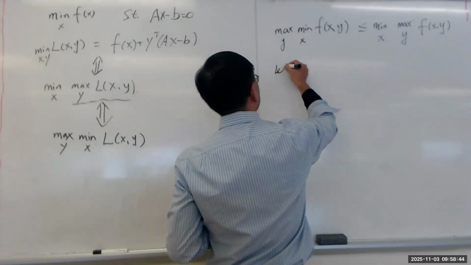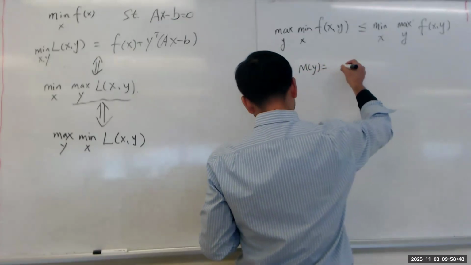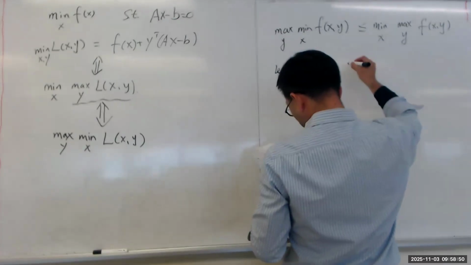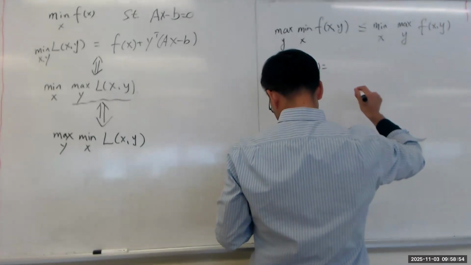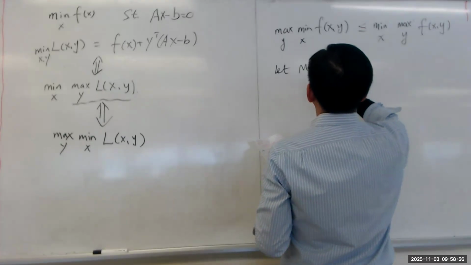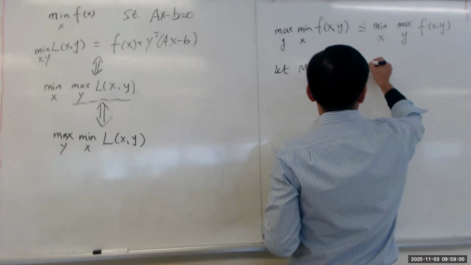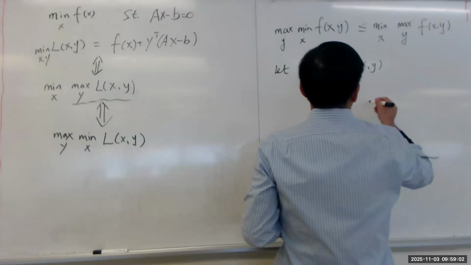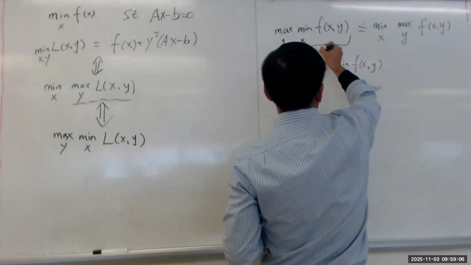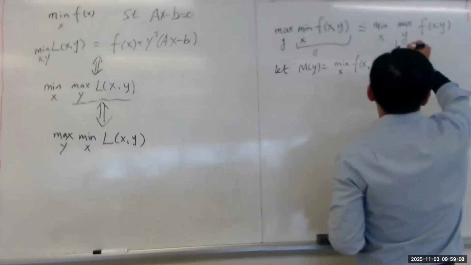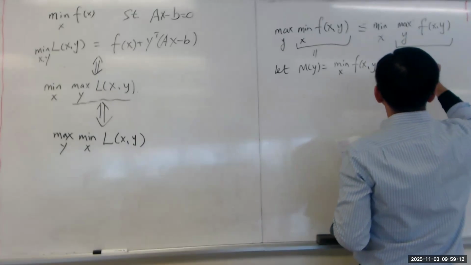If we let m(y) equal to the minimum over x of f(x, y). Okay, so basically it's this one, it's equal to m(y). Let's make this a bigger M(x).